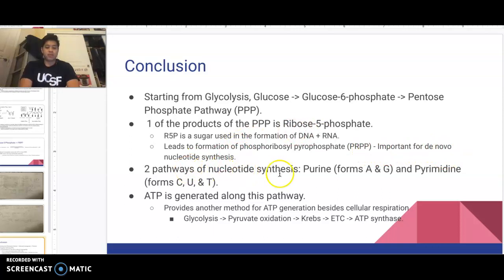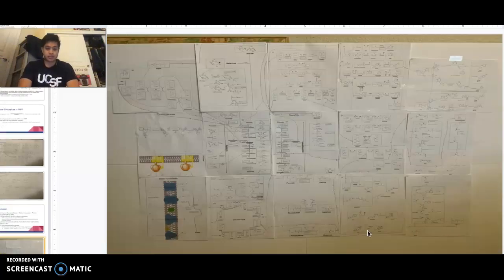There are two pathways of nucleotide synthesis, purine, which forms A and G, and pyrimidine, which forms C, U, and T. And ATP is generated along this pathway. So it provides another method for ATP generation besides cellular respiration. And again, cellular respiration involves glycolysis, pyruvate oxidation, Krebs cycle, electron transport chain, and finally ATP synthase.